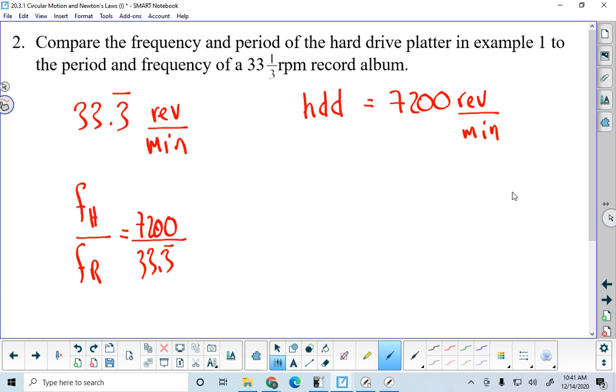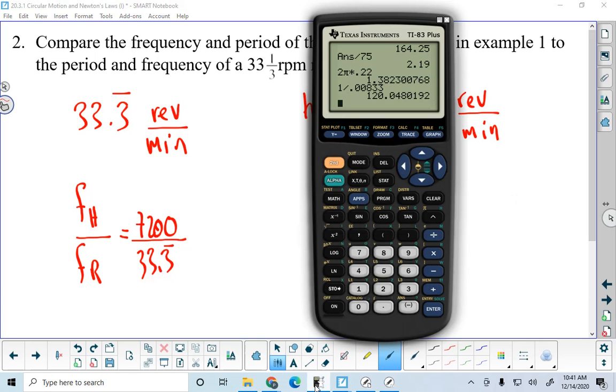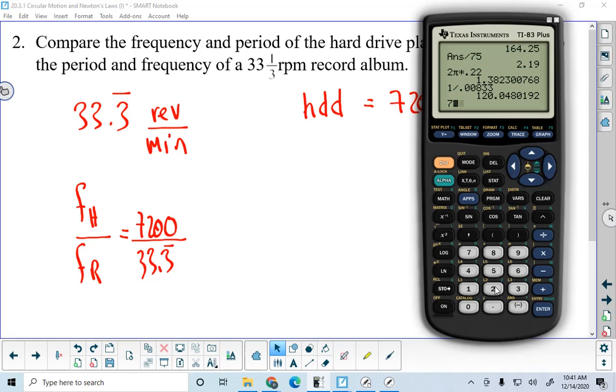The hard drive is actually spinning faster, obviously. So the frequency of the hard drive is about 216 times greater.